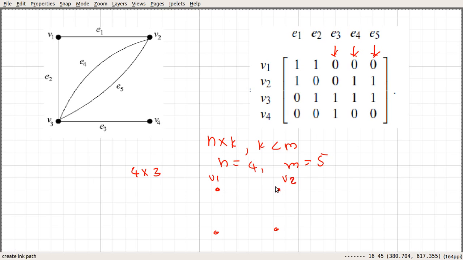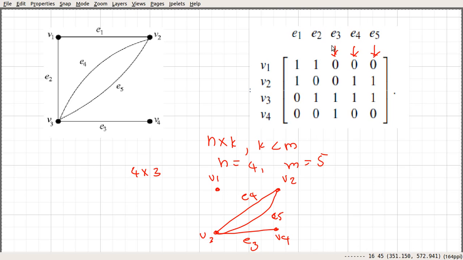v1 v2 v3 v4, and this e3 connects v3 and v4, so that is our e3. Then e4 connects v2 v3. Okay, v2 v3, this edge e4, and e5 also connects v2 v3, so that is our e5.